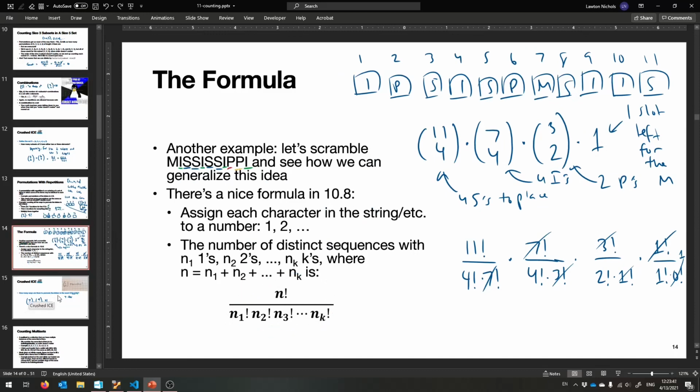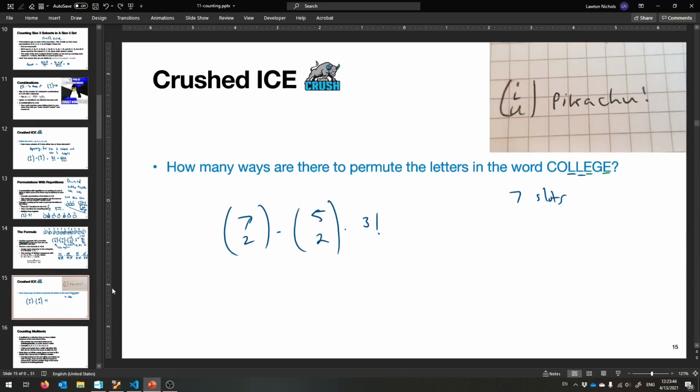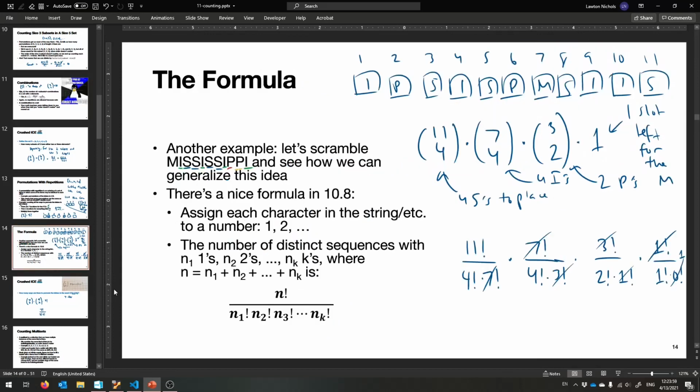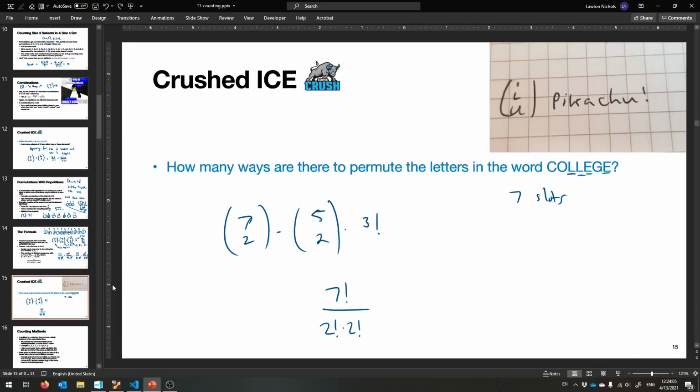let's see here, 7 factorial over, there are 2 repeated L's, 2 repeated E's, so 2 factorial times 2 factorial, and then the rest of these are just a bunch of 1 factorials, because there's 1 C, there's 1 O, there's 1 G. And so this is just times a bunch of 1 factorials.